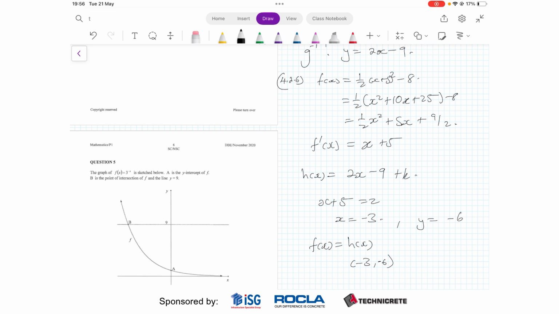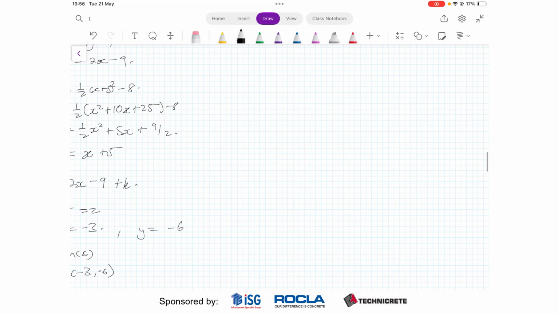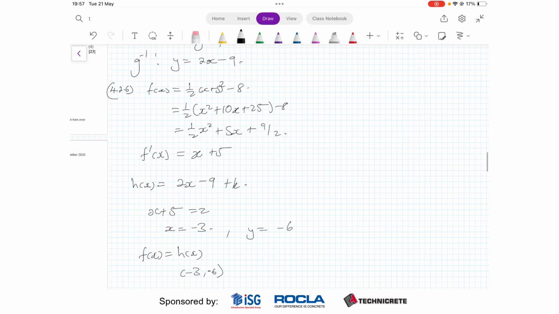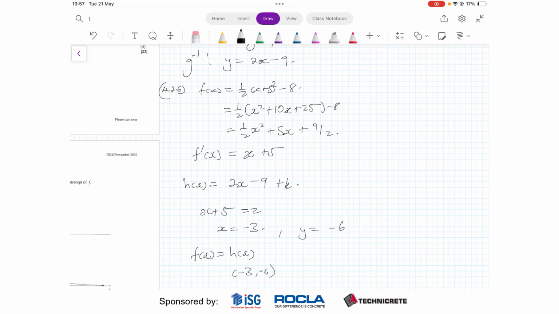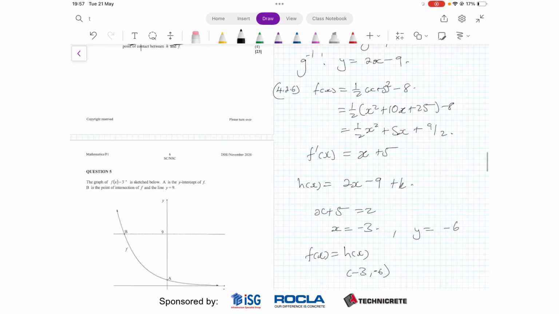And there you go. Another way to do it is you could equate these two and try to solve. But equating and trying to solve would be a bit of a tedious exercise because you don't know the value of k. So this method would be the best to go with in this situation.